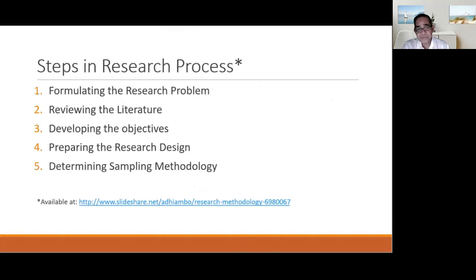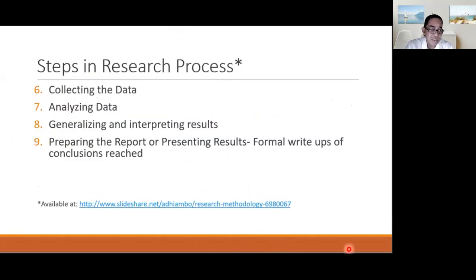And these are the steps in the research process. You can see these steps practically in many sources and many topics on researches. So the steps are more or less the same. We first formulate the research problem, and then we review the literature, develop the objectives, prepare the research design, determine the sampling methodology, collect data, analyze the data, generalize, interpret results, and then lastly, prepare the report.